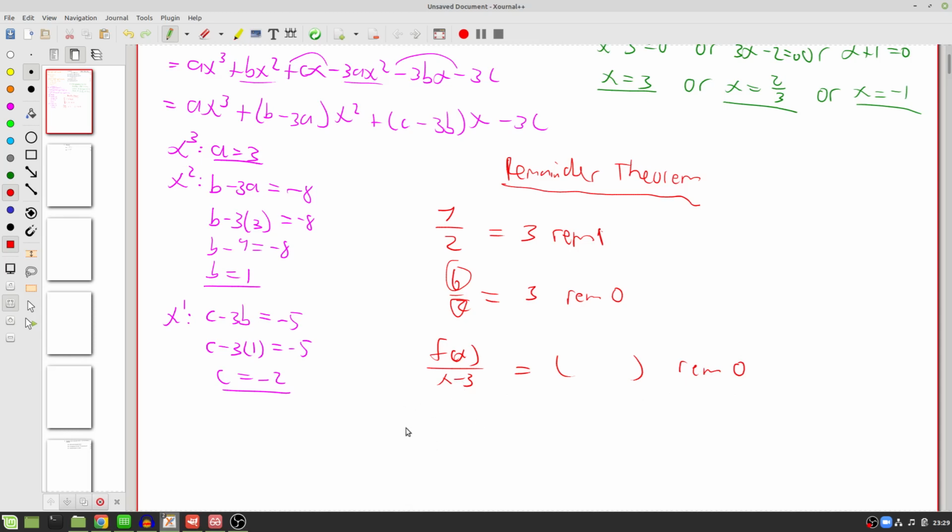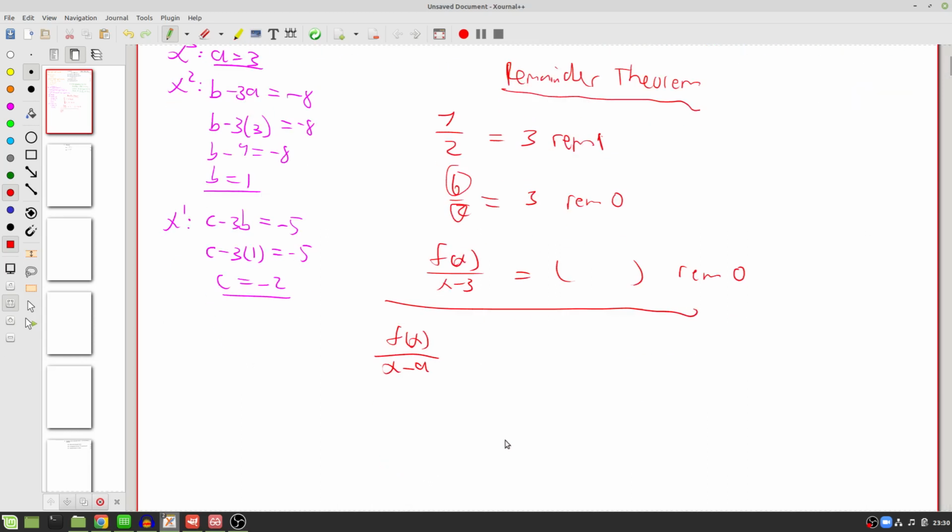And now the theorem says that if we take f of x and divide it by some linear factor x minus a, then the remainder can be found by saying f of a.